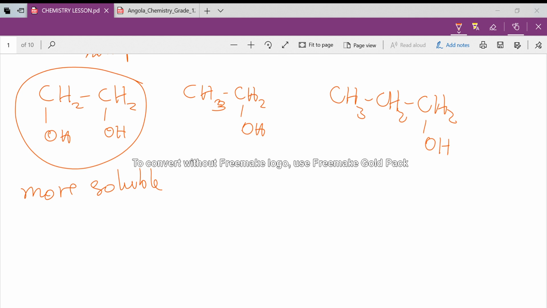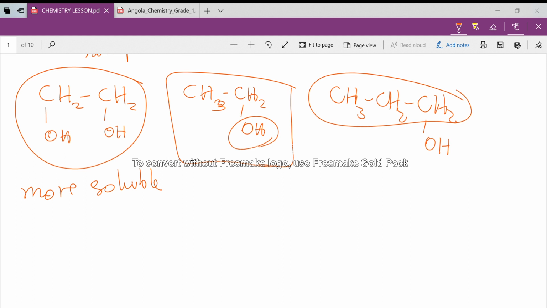It means that this compound here will be more soluble because this part here is smaller compared to the propyl. So ethyl, we have 2 carbons, propyl, we have 3 carbons, so this will be more soluble in water compared to this one, okay?